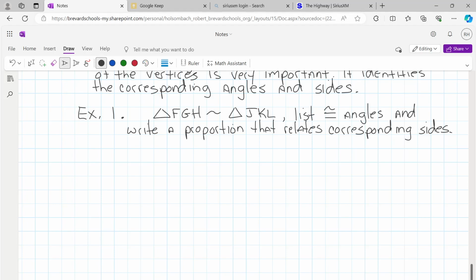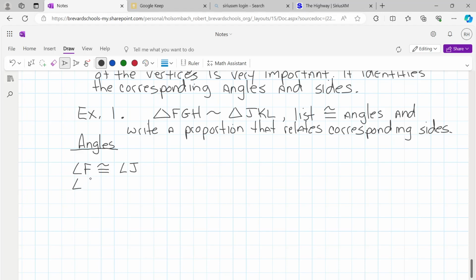So list congruent angles. So here's our angles that are congruent. What is angle F congruent to? Angle F is congruent to angle J. They're both in the first position of the similarity statement.